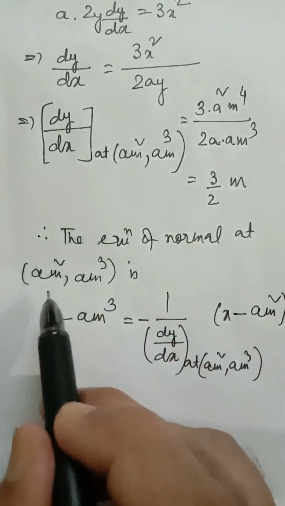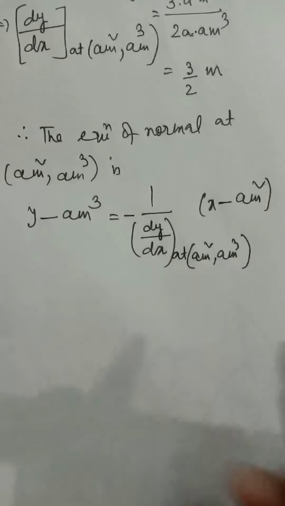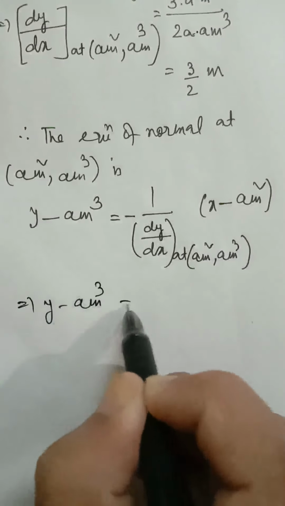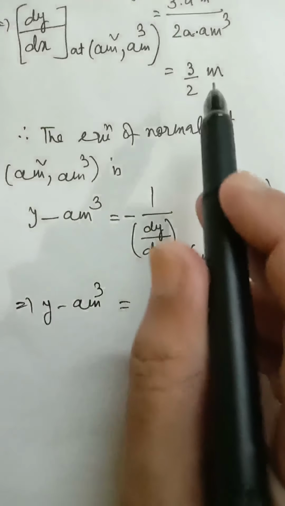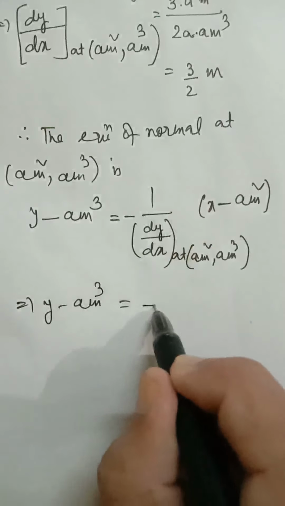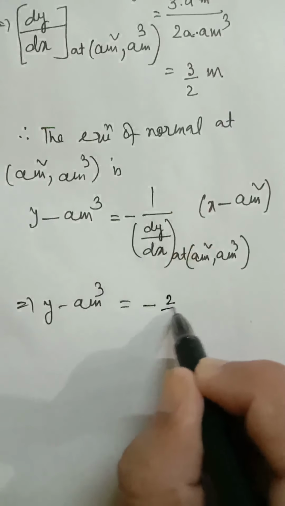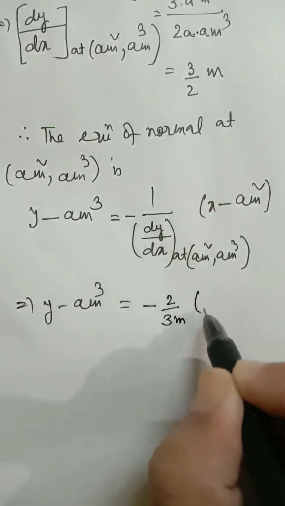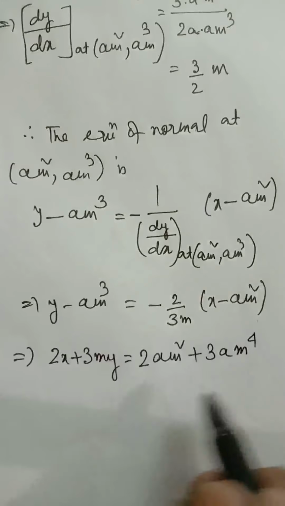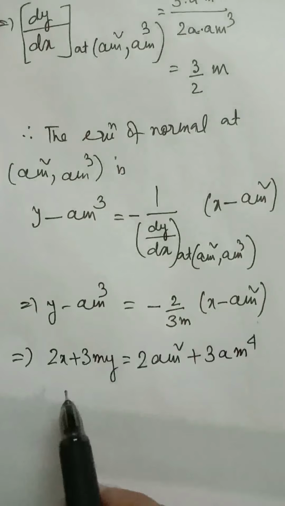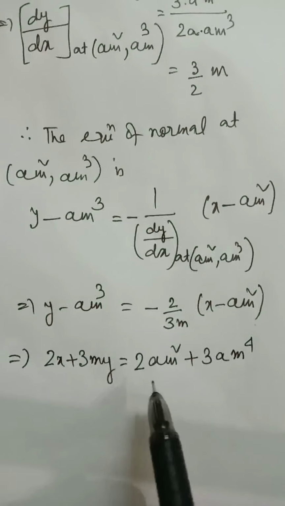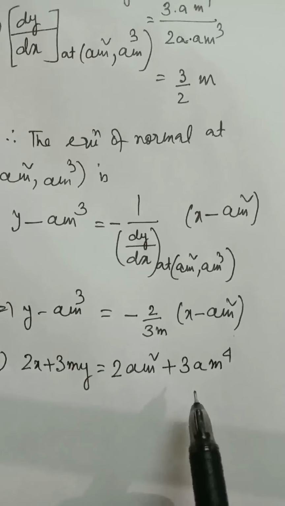This is a given point, x1, y1. So y minus am cube equal to, if we put the value of dy by dx, 3 by 2 into m here, it will be minus of 2 by 3m into x minus am square. And after simplification, the equation of normal will be 2x plus 3my equal to 2am square plus 3am to the power 4.